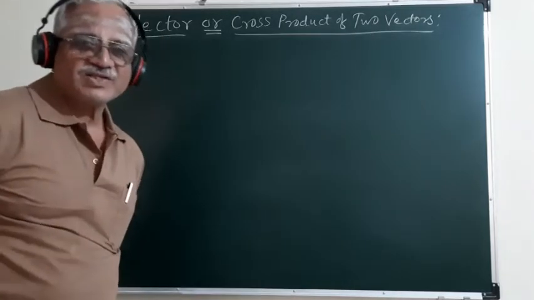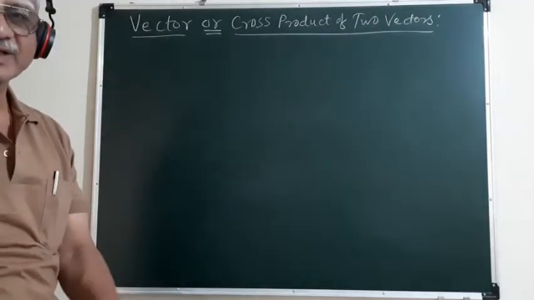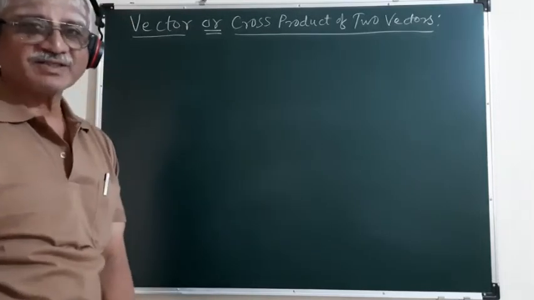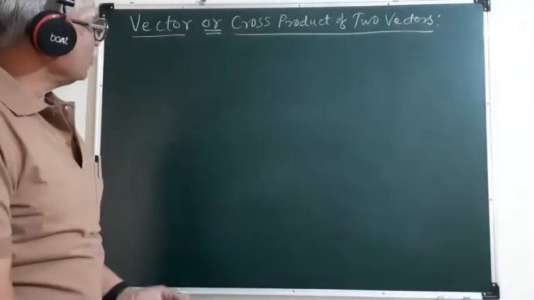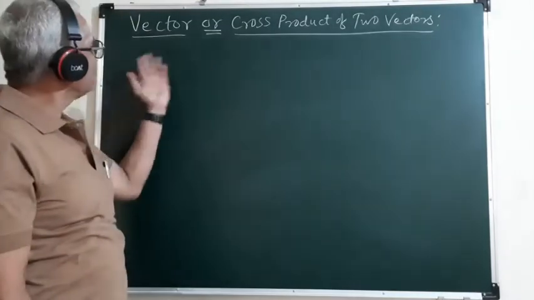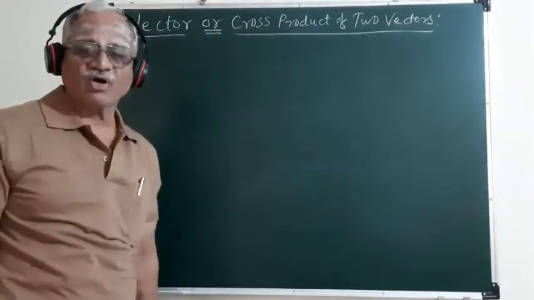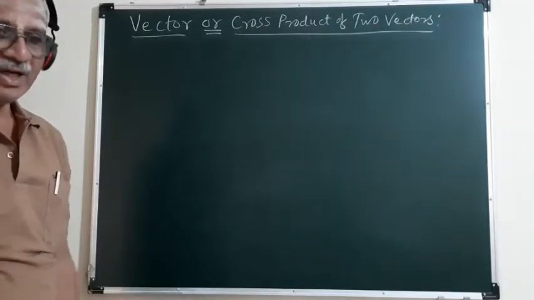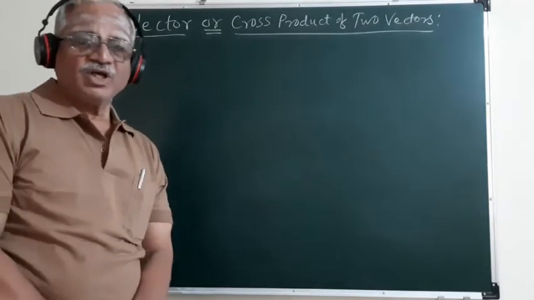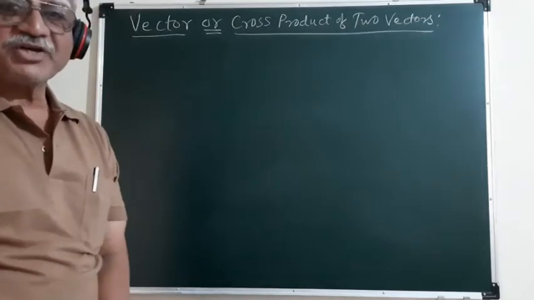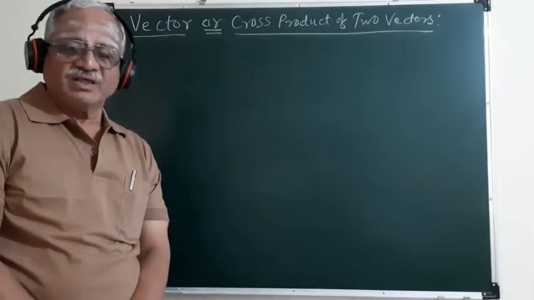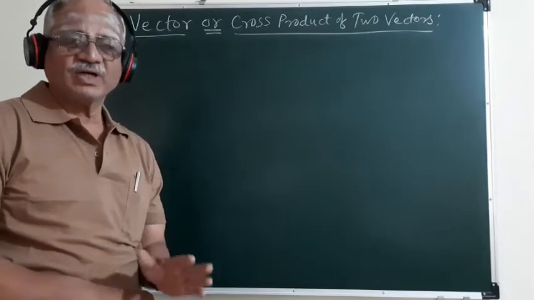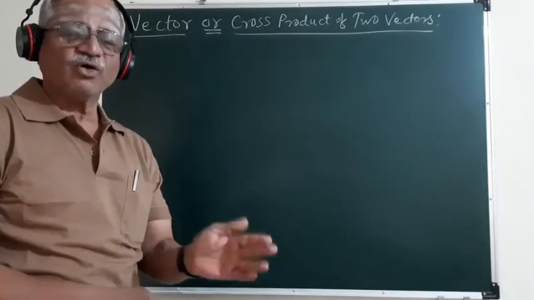In the last video, we have studied the scalar product or the dot product of two vectors. So today we shall discuss what is the vector product or the cross product of two vectors. We have said that if the result of multiplication of two vectors yields a scalar quantity, it is called the scalar product or dot product.